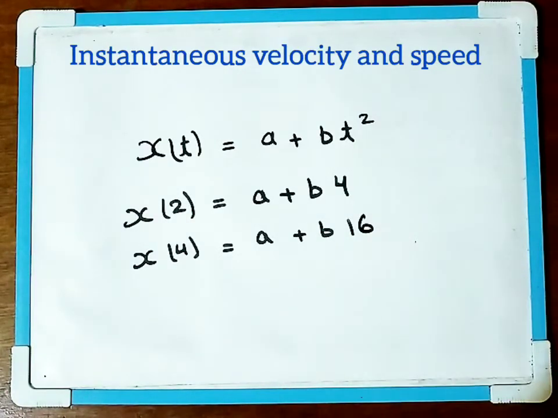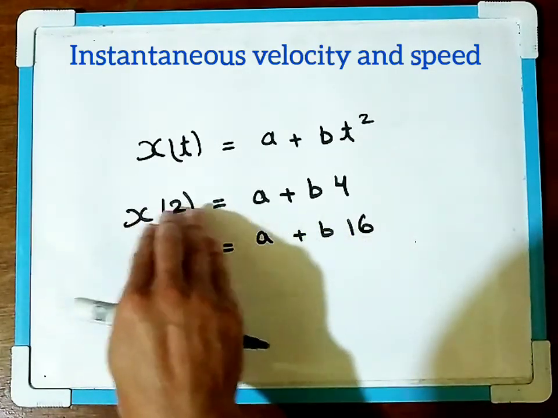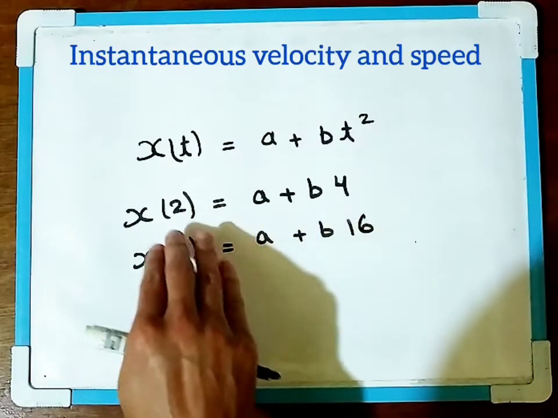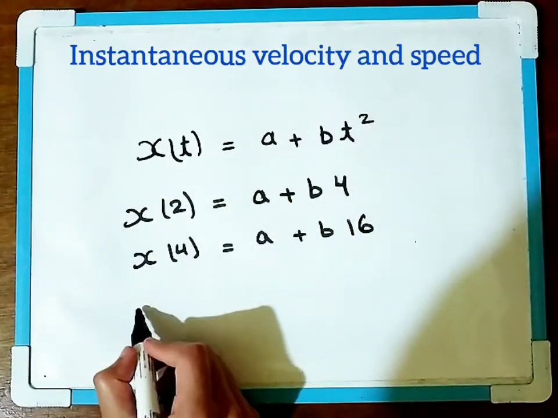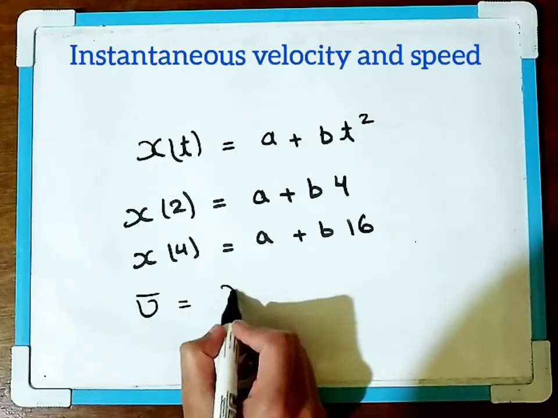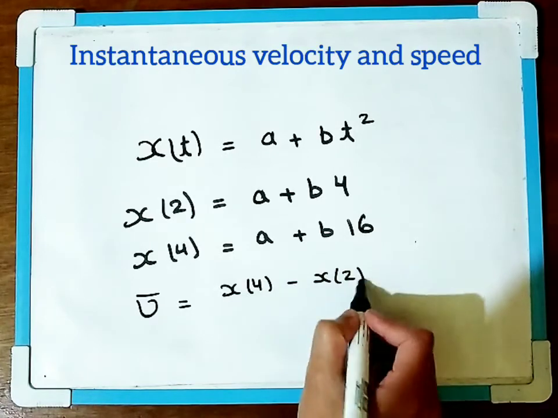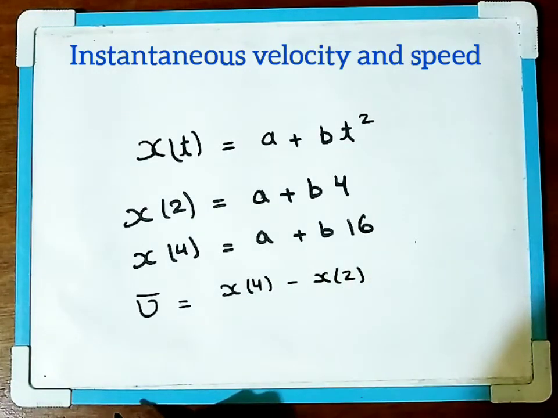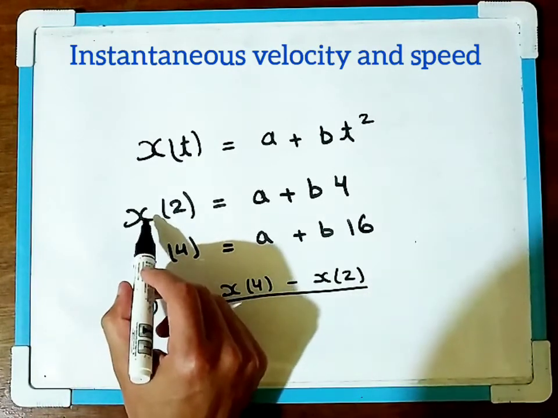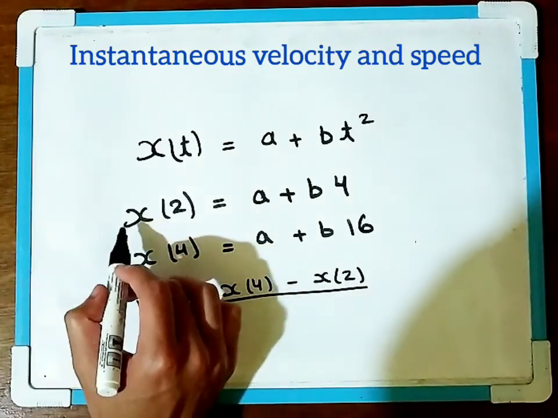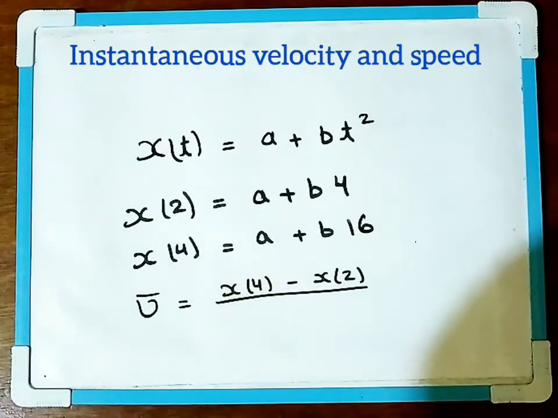Now average velocity will be the displacement, the final position minus the initial position. So here your average velocity v bar will be x4 minus x2, divided by the time interval. This will be at t equal to 2, and this will be at t equal to 4.